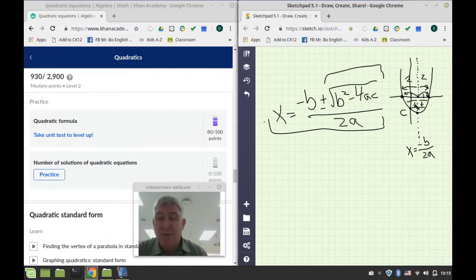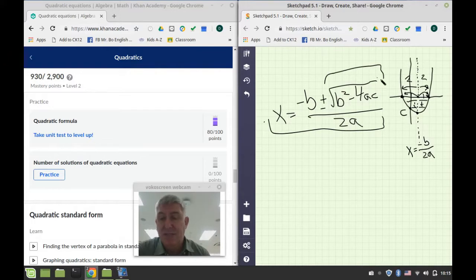And the other thing that we can do is what we're going to practice today, which is number of solutions of quadratic equations. And you can see if this is a positive real number, then we have 2.